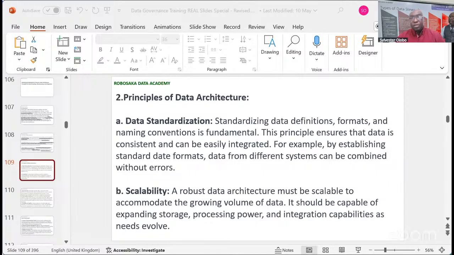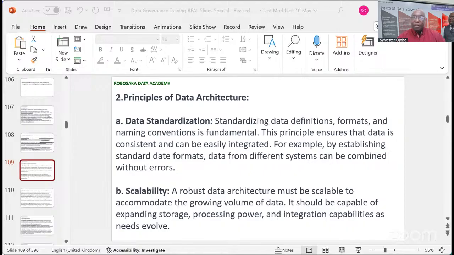It will reduce your cost if you standardize format and data in the beginning as part of your design when you are doing data architecture. It helps in ensuring regulatory compliance, and if you detail it so much in your design, it will also help you in risk mitigation.